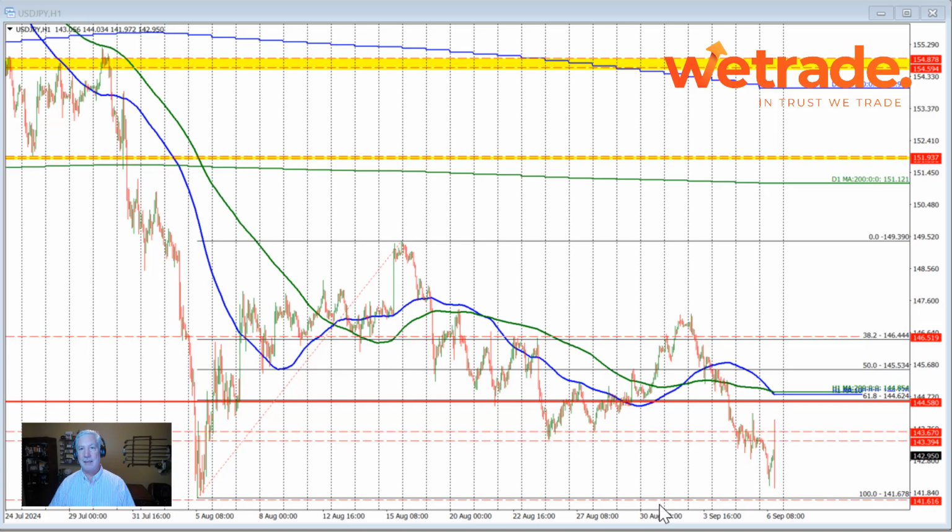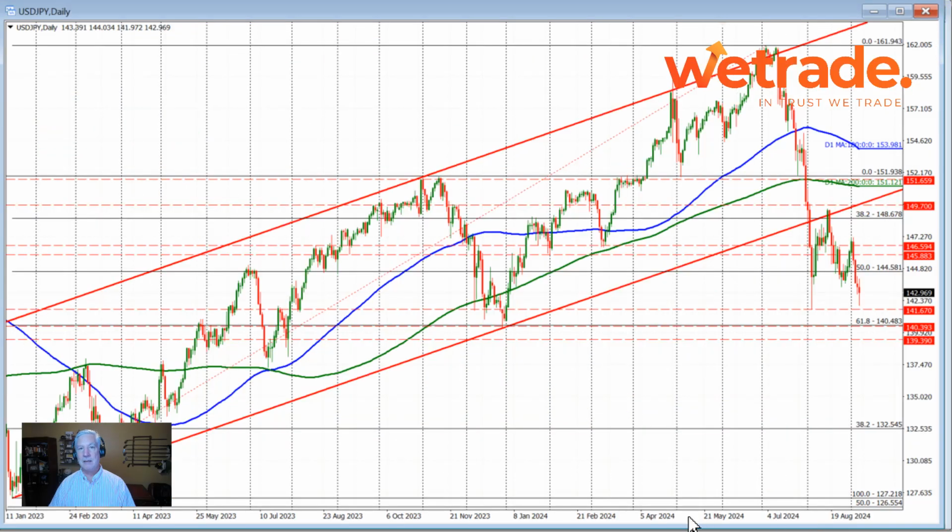Taking a look at the daily chart, that level, this low right here, corresponds with the lows going back to January. The low price for January and for the year came in at 140.80. 140.80 is the low price from January, the first day of the trading year.